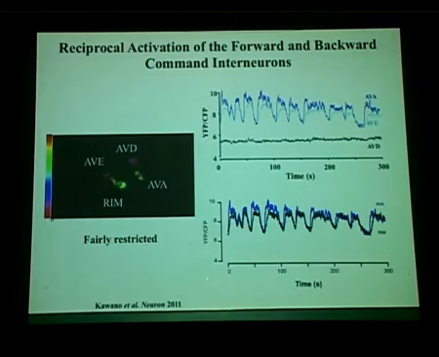Can we observe that in vivo? And then we can. So we simultaneously did premotor neuron imaging of 3 or 4 different classes together. As you can see, these are the red, these are the blue neurons. They actually show pretty high, highly synchronized activity in these cases, with the exception of this one AVD.